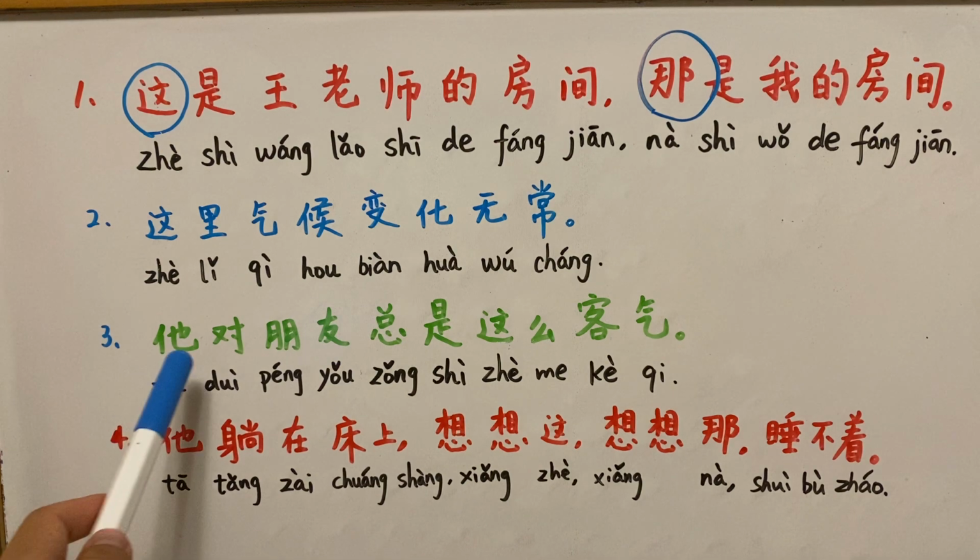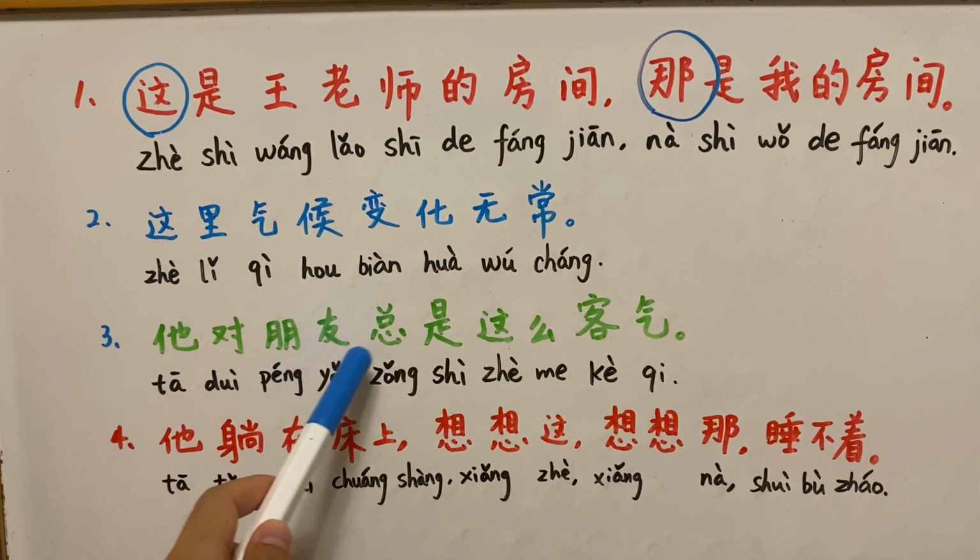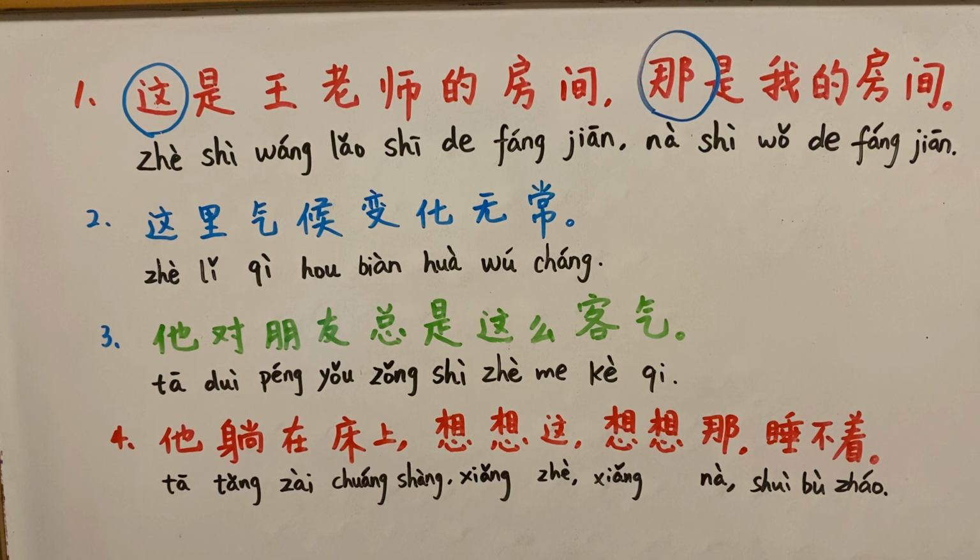So in Chinese, 他对朋友总是这么客气. Alright, so this 这么 is a demonstrative in Chinese. It means this polite, very polite. So it is an adverbial in this sentence.